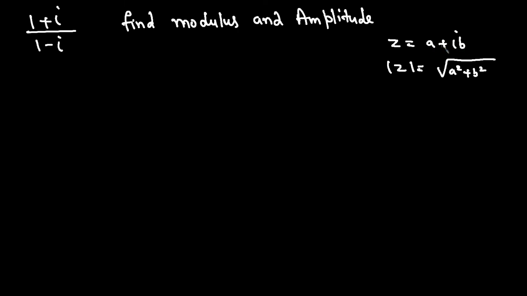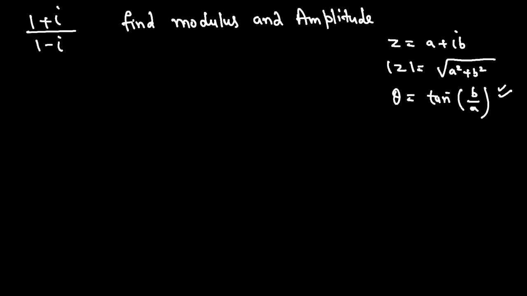Then we can find a and b, and we can use this formula to find the modulus of that complex number. And then what was the amplitude, which is theta is equal to tan inverse of b over a. We can use this formula to find the argument of this complex number.